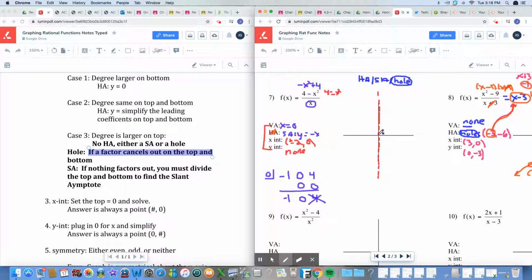It is a line that goes through the origin with a slope of -1, which means I go up 1 to the left 1, it's right here, or I can go down 1 and to the right 1. So it is a line with a negative slope, a slope of -1. You can see why it's called a slant asymptote. It's on a slant.